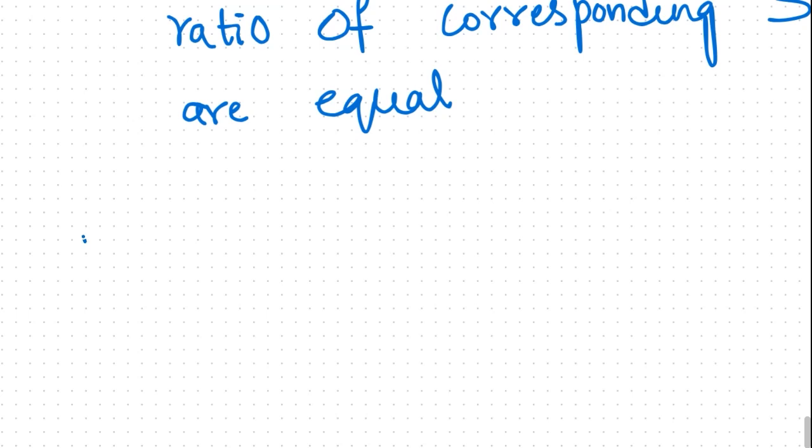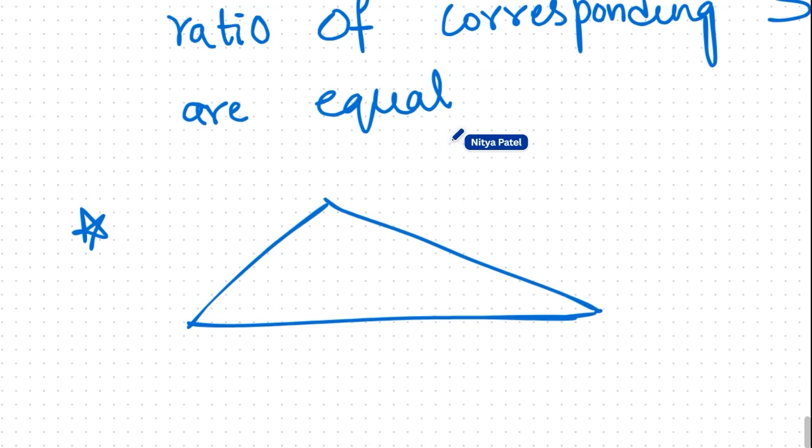And then there is a good question in the textbook, but this is a bit advanced. Let's try it. Let's say this is a right triangle like this. From the vertex, let's say we are dropping a perpendicular altitude.